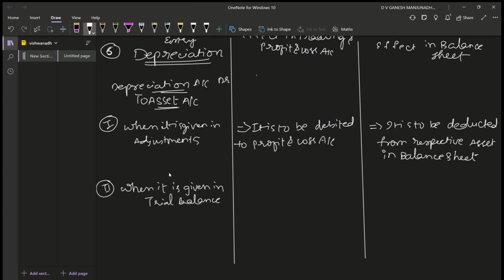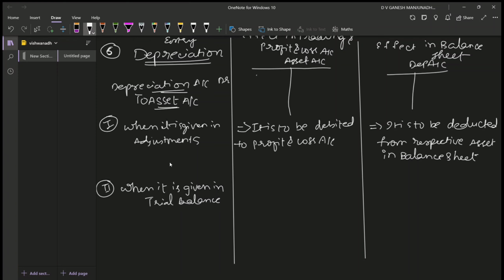When it is given in trial balance, let us look at the journal ledger for that. Let us think this is the asset account, and let us take here the depreciation account. Let us incorporate the entry.